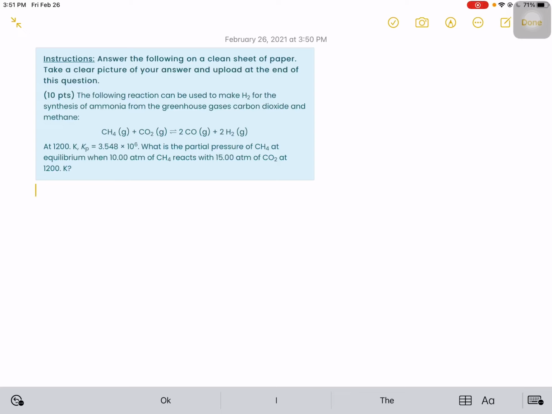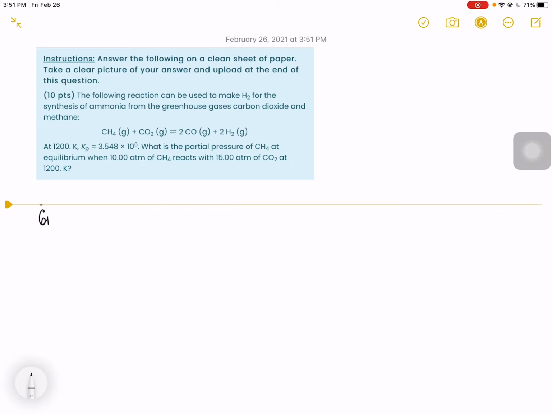For this problem, we have the following given information, which we are now going to summarize. Given here is the balanced chemical equation: methane reacting with carbon dioxide in a reversible reaction to form two molecules of carbon monoxide and two molecules of hydrogen.